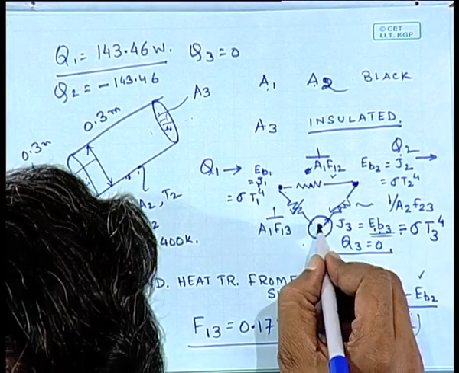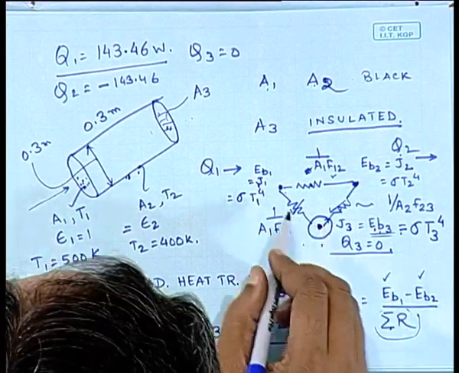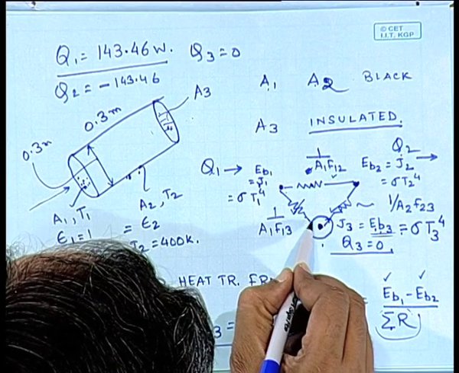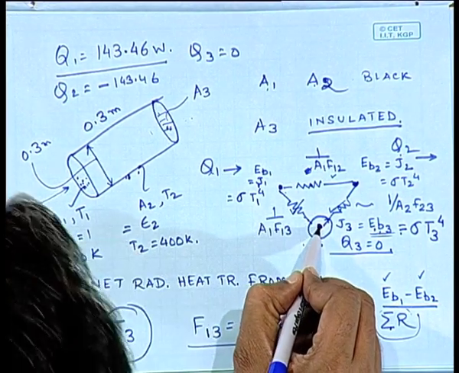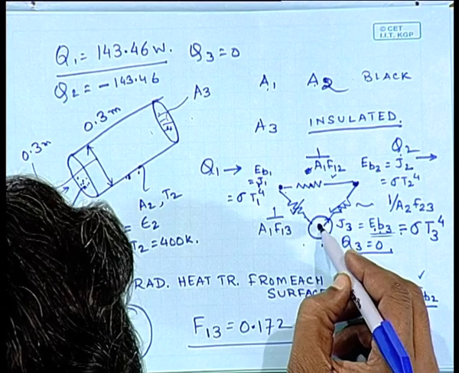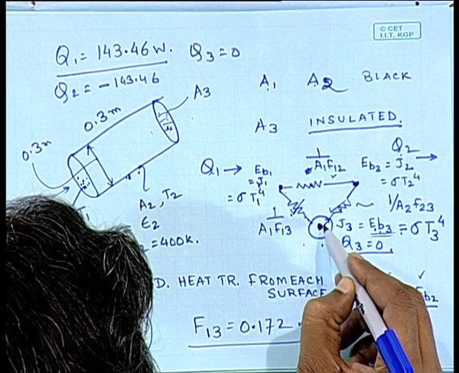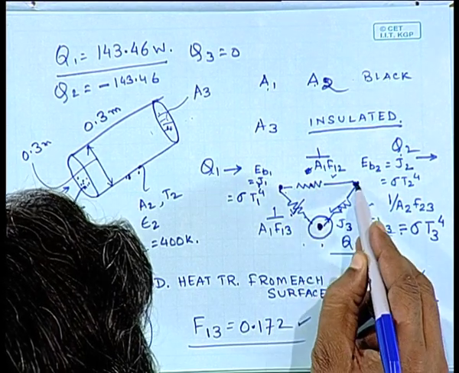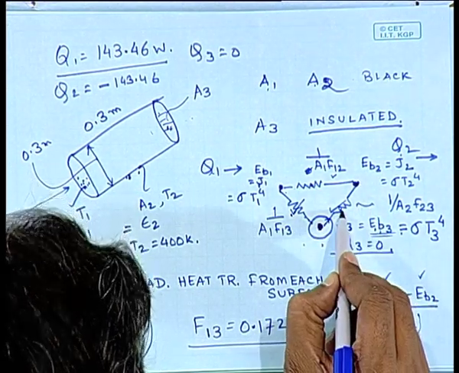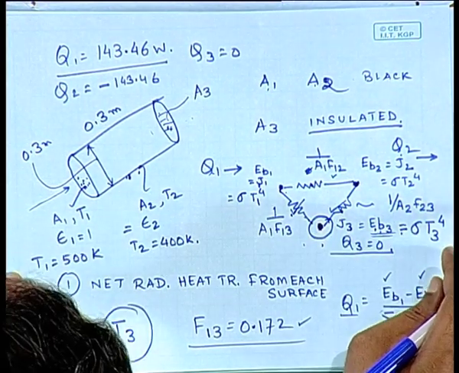Okay. Now this J3, how do you find it? The current at this node must be equal to 0. So you have (J3 minus J1) divided by 1 by A1 F13, plus (J3 minus J2) divided by 1 by A2 F23, is equal to 0. Clear? I'll write it over here.